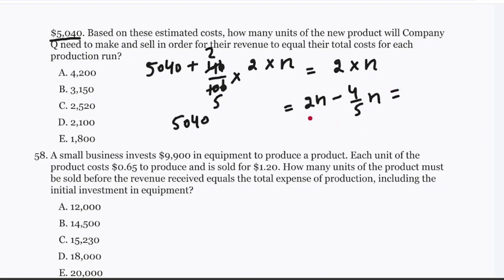Now this is equal to, if I take an LCM, 6 by 5 n. Now that means n is equal to 5040 multiplied by 5 upon 6.